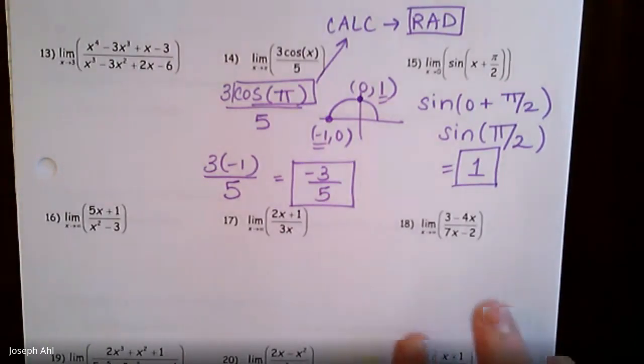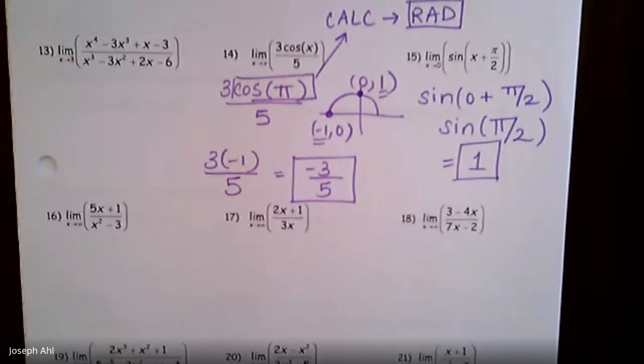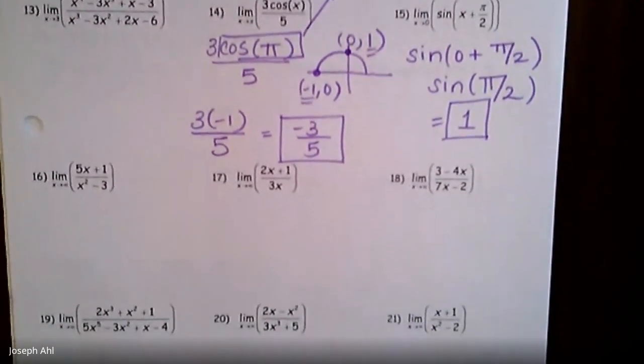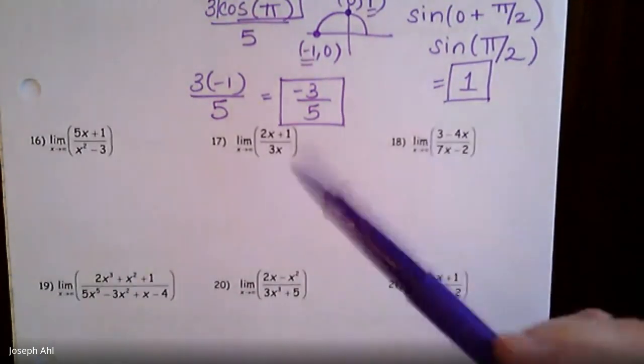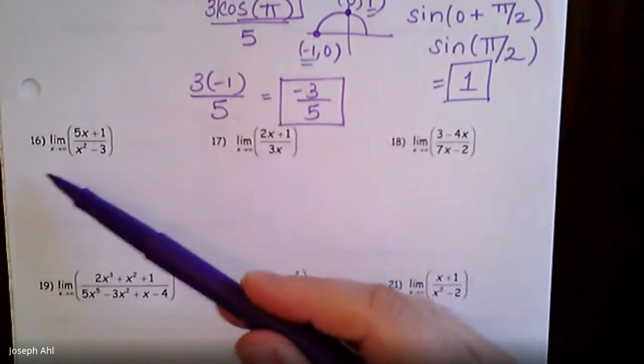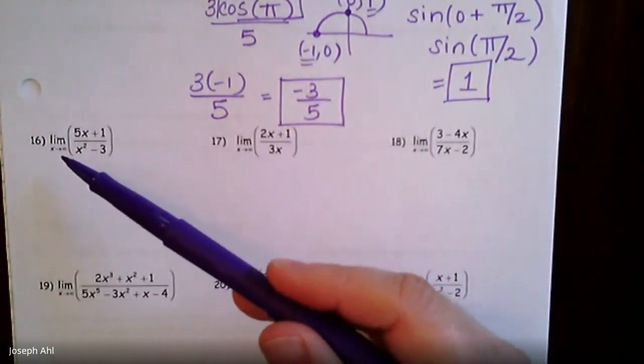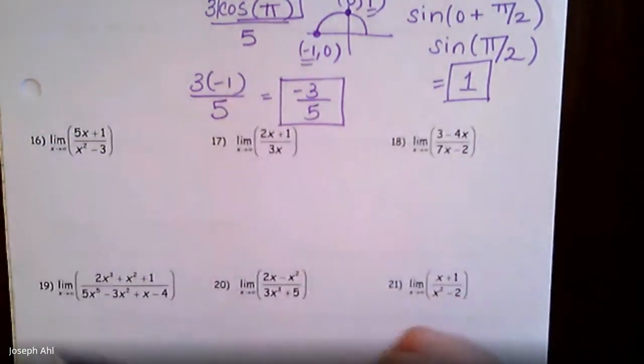While you're thinking carefully about your questions there, during our awkward Google Meet pause here, I'll show you just the bottom half of this section. All have limits as x goes to infinity. Does anyone want a quick recap on what we do for limits as x goes to infinity?